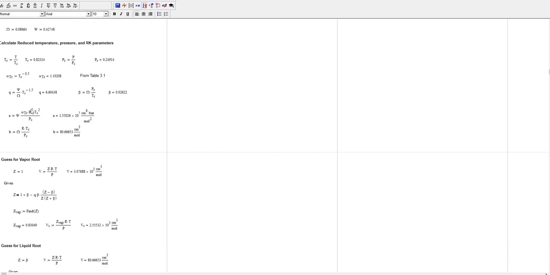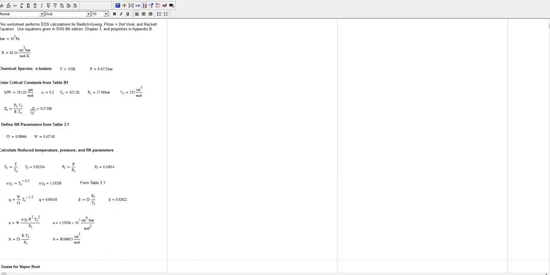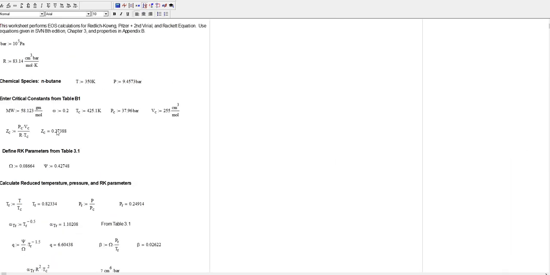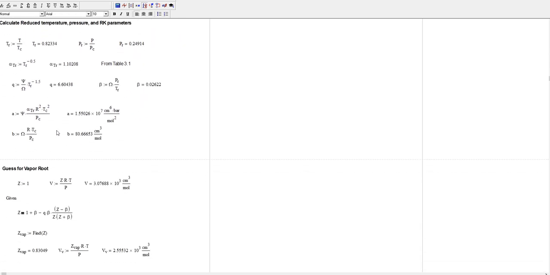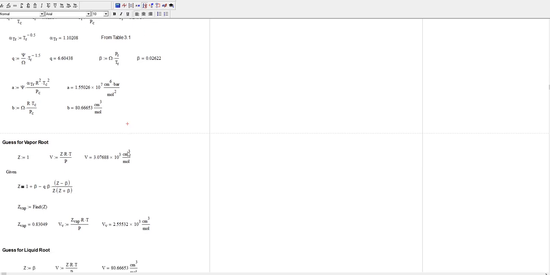And then we look at the solver function in MathCad. So again, you can go to the help menu for MathCad, and there should be plenty of information on how to set this up.